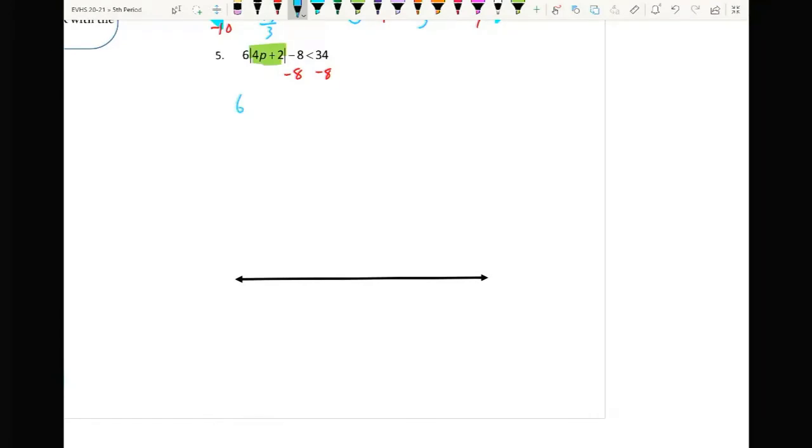I'm going to subtract 8 on both sides first. Leaves me with 6 times the absolute value of 4p plus 2 is less than 34 minus 8 is 26. Whoa, I should have added 8. Thank you for catching that. So then 34 plus 8 is 42.